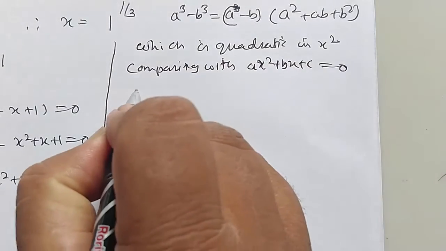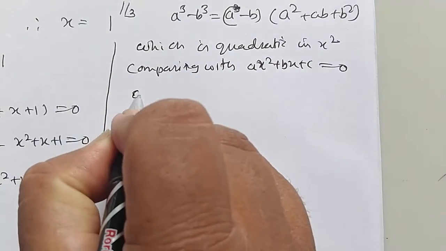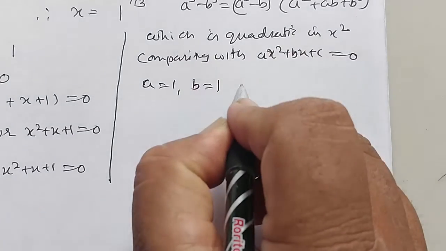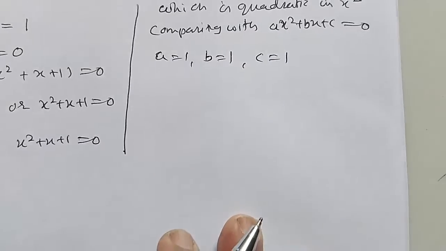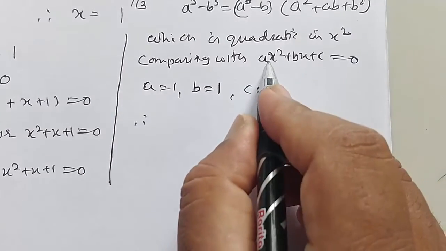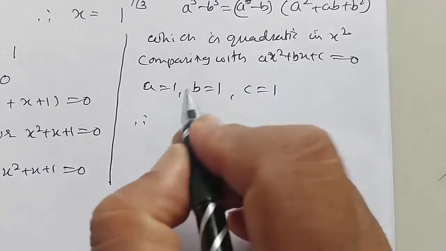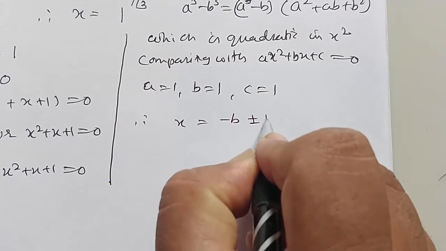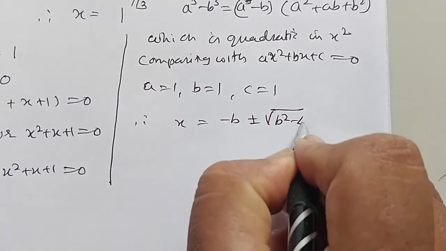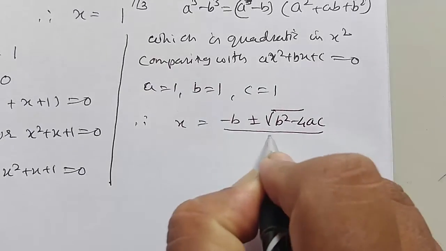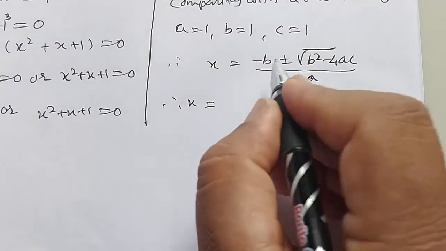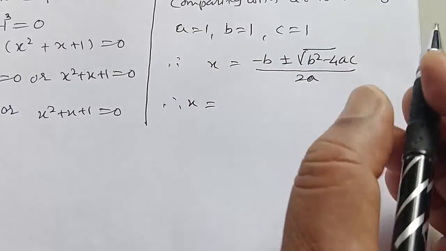We get the coefficient of x square, a is equal to 1, b is equal to 1 and c is equal to 1. Therefore, the roots of the equation ax square plus bx plus c is equal to 0 are x is equal to minus b plus or minus under root of b square minus 4ac upon twice a. In this case a is 1, b is 1, c is 1.